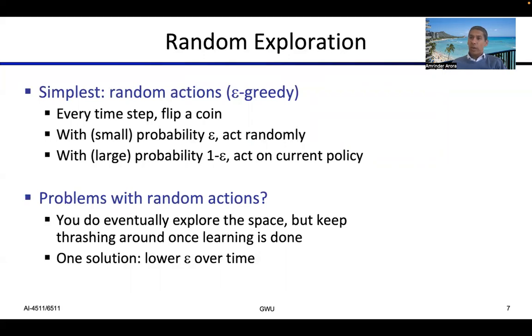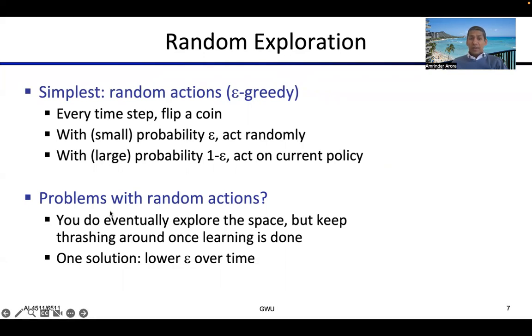So we have the Q(S,A) values, so we know which action has the highest Q(S,A) value. We will do that action. That's with the 95%, or 1 minus epsilon, probability. And with the small probability epsilon, we will simply act randomly. That's it. Really, that's it. That's called the epsilon greedy algorithm.